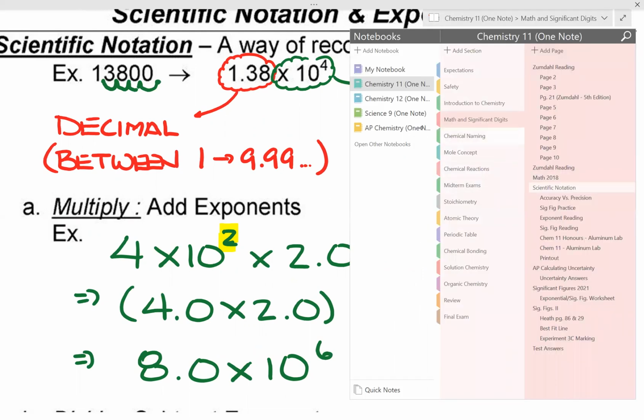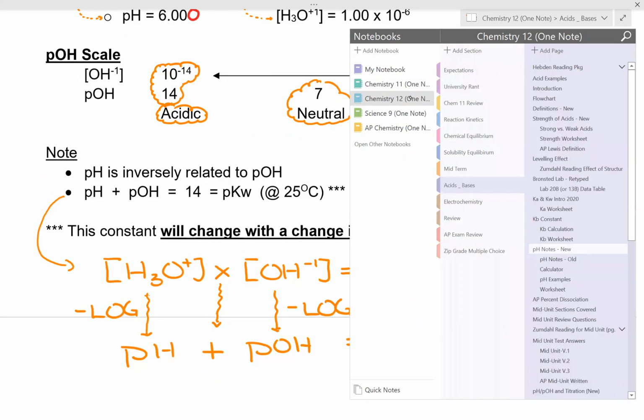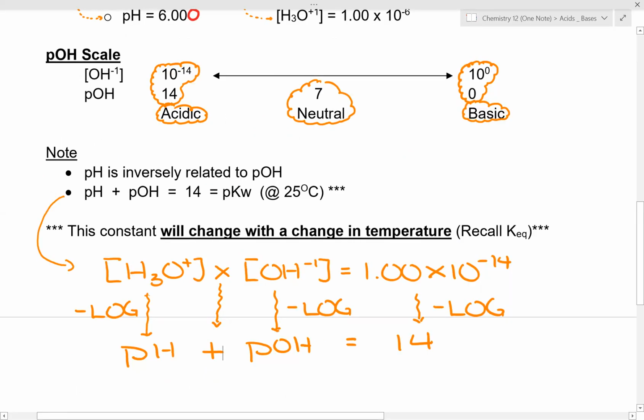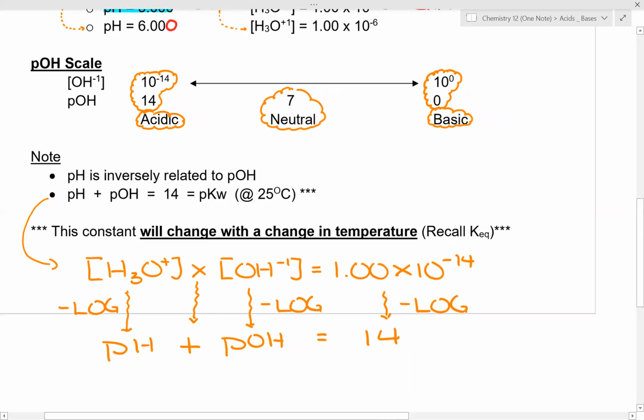And that is why, in this particular case, the multiply becomes a plus. Now, again, remember, H3O plus times OH minus 1 is equal to 1.0 times 10 to the negative 14. Remember, that is at 25 degrees Celsius. And remember, if we change the temperature, that number will change. And this is why I highlighted here, this constant will change with a change in temperature. Okay, so this one we should also be aware of.